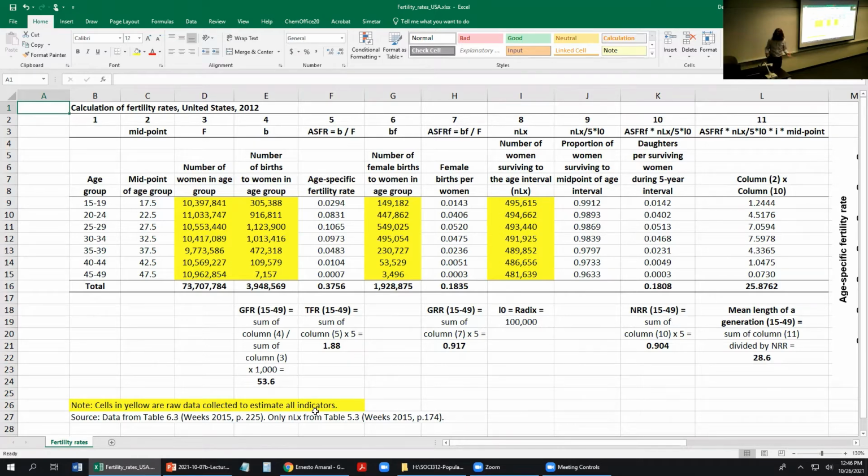What we have here is the number of women in the US in a specific year by age group. This is the denominator of most of our formulas here. This one here is the number of births to women at these specific age groups.